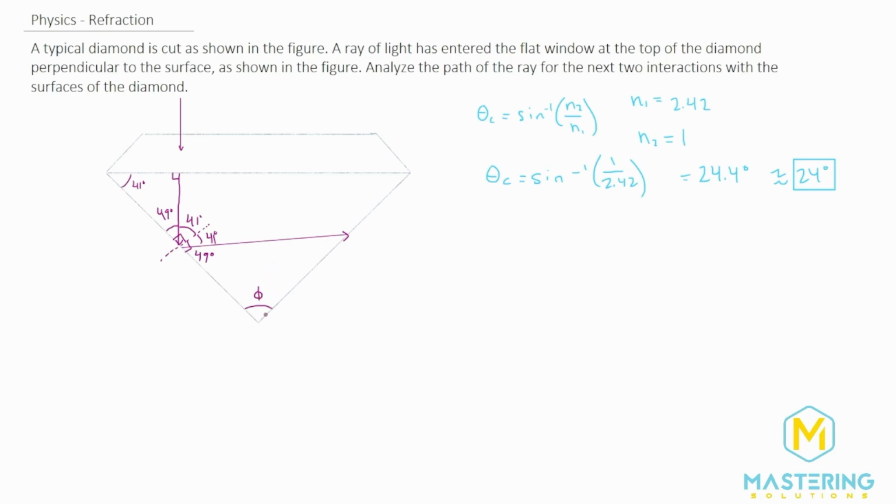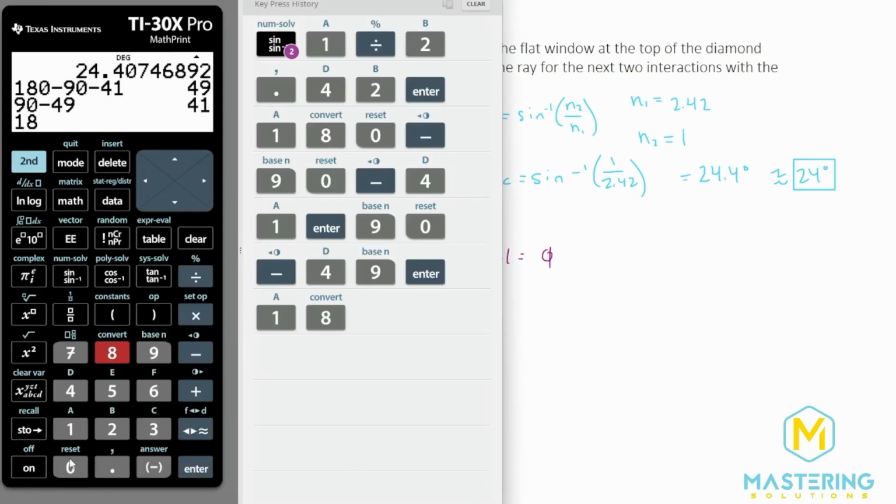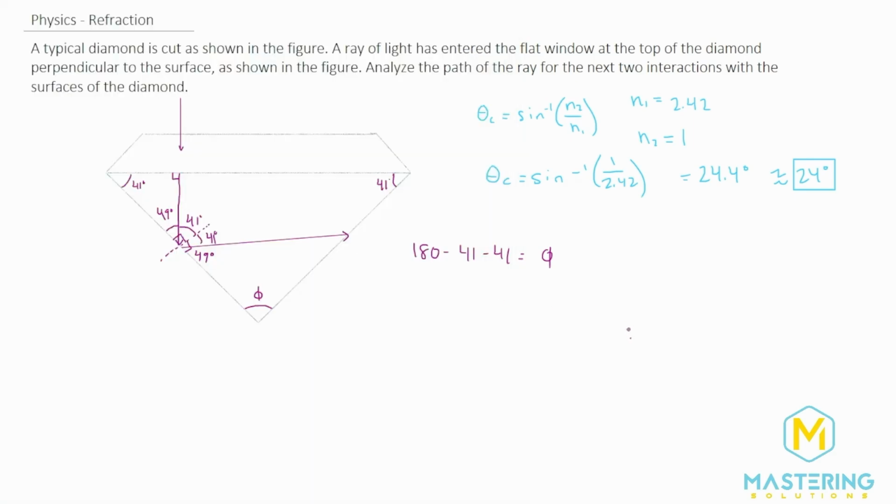And so how do we figure out this angle? Well, if we look at the larger diamond, if we say this whole triangle here, if it's symmetric, then this one also is going to be 41 degrees. So now we have two angles and we can figure out this one. That will be 180 degrees for the whole triangle, minus 2 times 41, which gives us phi, 98 degrees.